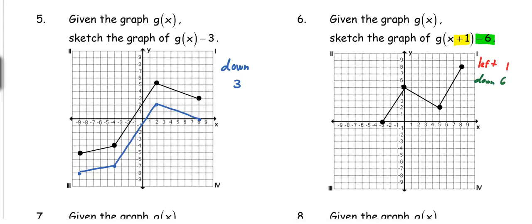So we can do both movements at a time because they are left or right movements. So from each dot, I'm going to go left 1 and down 6. Left 1, down 6, and so on for each point. And then I'm just going to connect my points to form my graph.